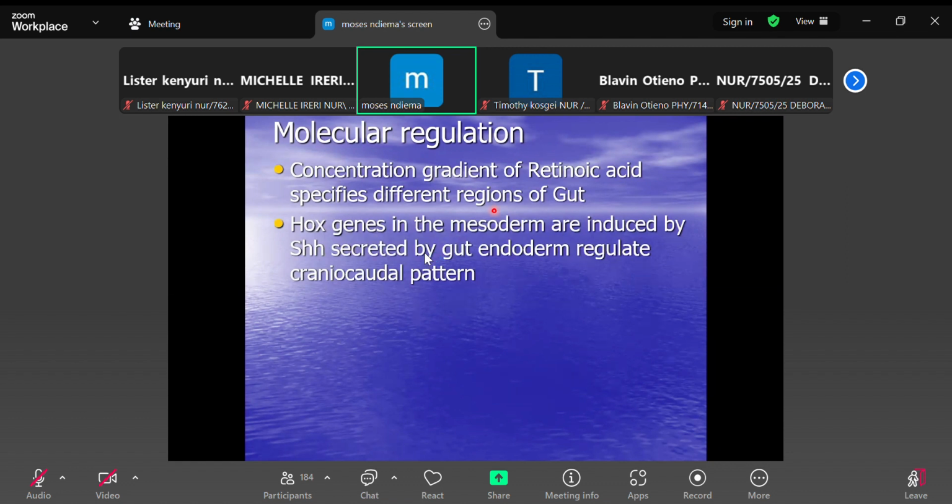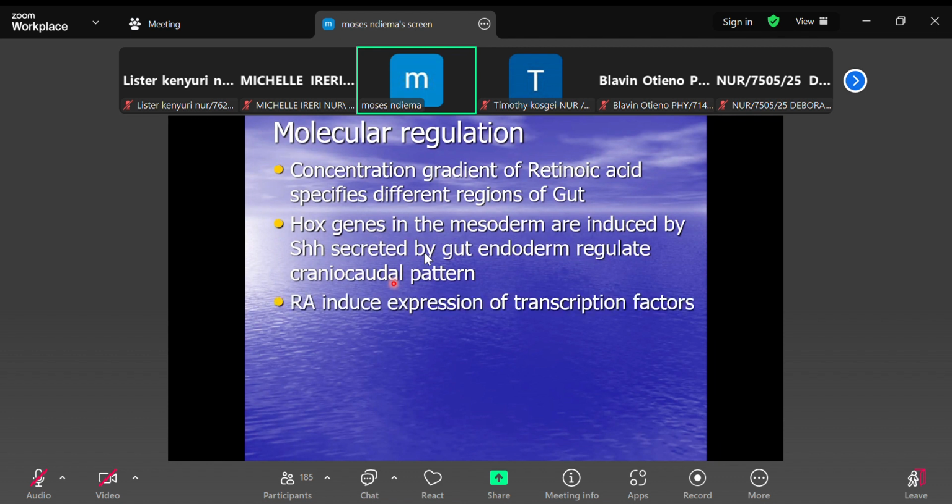So this defines a craniocaudal polarity and specifies which structure will develop from which part of the primitive tube. So when I talk about craniocaudal pattern, I'm saying the upper part will develop from the esophagus, there's a part developing stomach, and all that. All those are defined by the Hox genes.